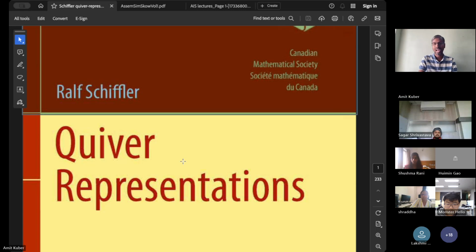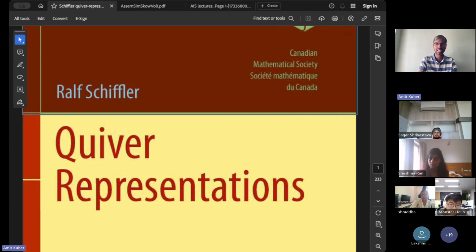There are some parts of algebra, like, if you remember, Upendra, when he started, he talked about this representation theory of quivers being linear algebra on steroids. However, I'm going to present a slightly different point of view.